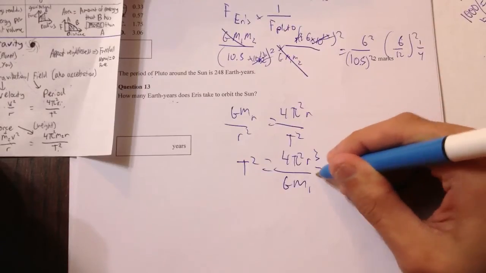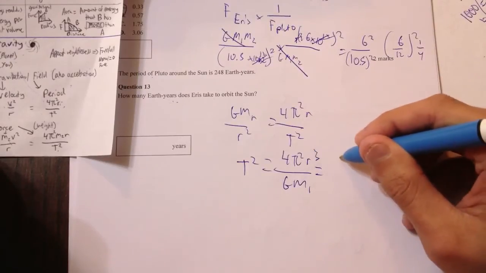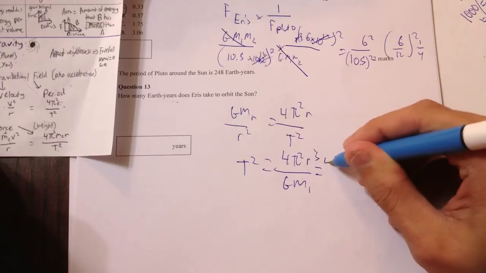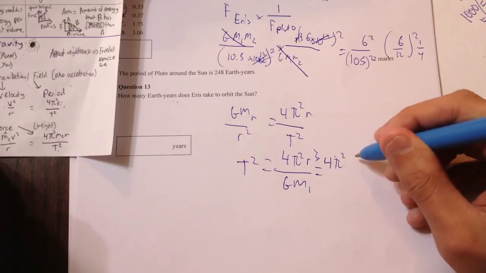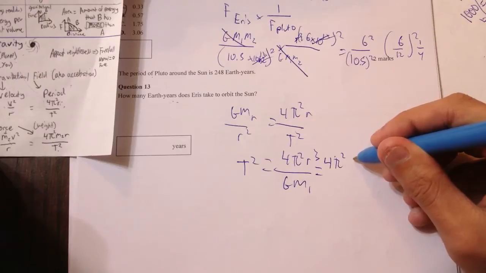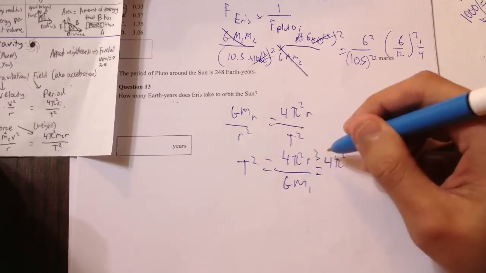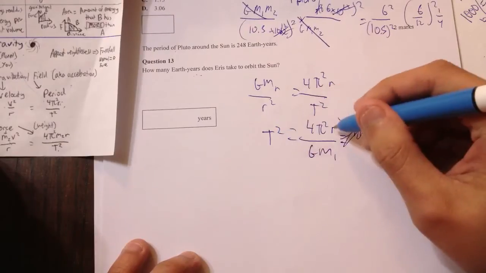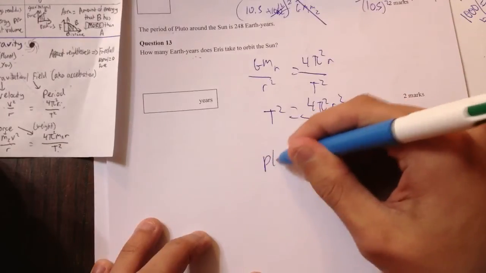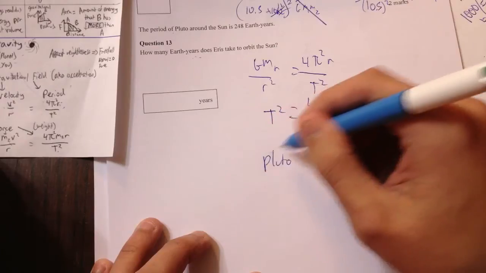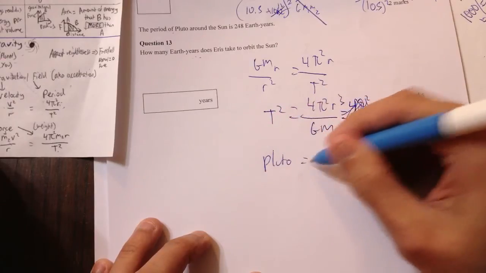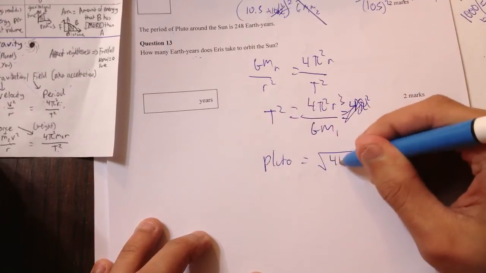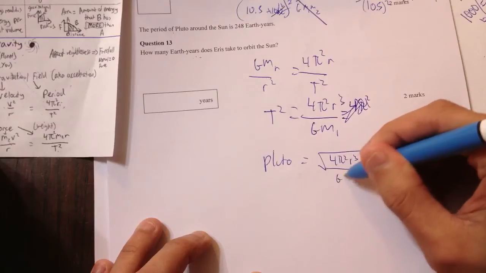Therefore we know that, I can't explain this to you quickly. So this is t squared. Therefore Pluto equals 4 pi squared r cubed on Gm1.